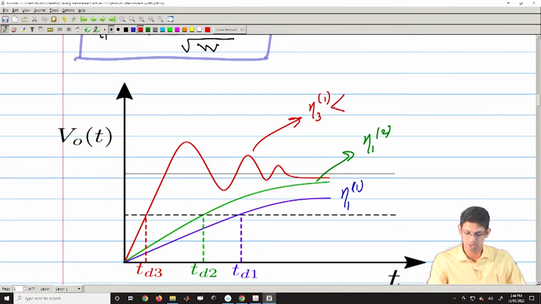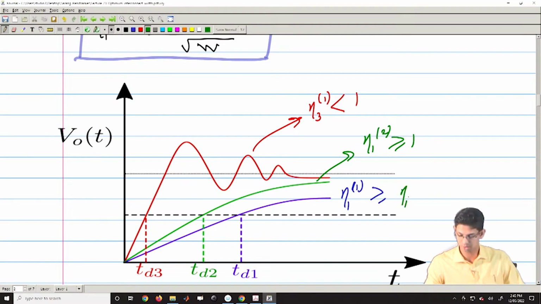So, you would have this as less than 1, whereas this eta 1 of 2 superscript 2 would be greater than or equal to 1, depending on whether this is just critically damped or overdamped. And then what we can also say is that this would be greater than your eta 1 of 2.